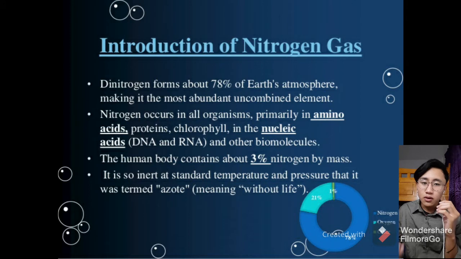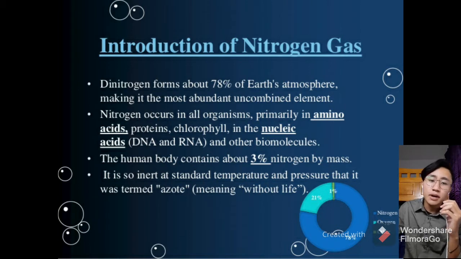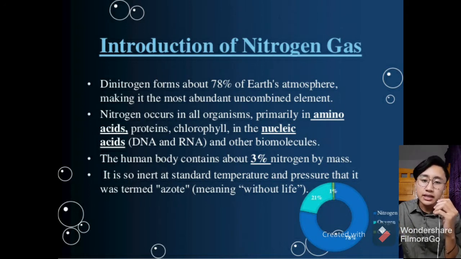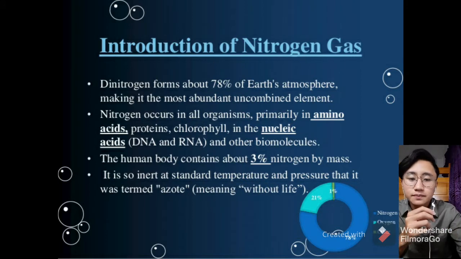Nitrogen occurs in all organisms, primarily in amino acids, proteins, chlorophyll, and in the nucleic acids, which are DNA and RNA, and other biomolecules. The human body contains about 3% nitrogen by mass. It is so inert at standard temperature and pressure that it was termed azote, meaning without life.